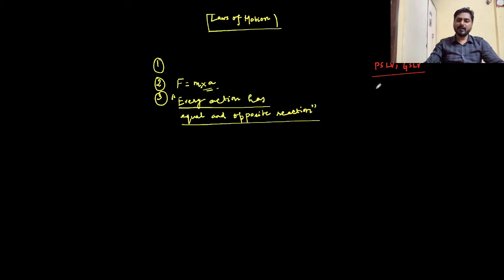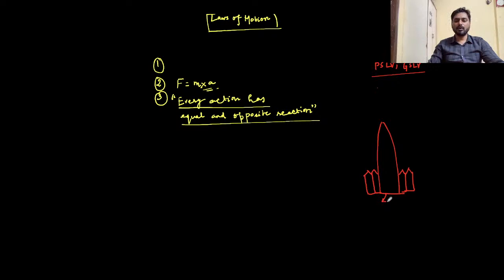Okay, so if I take a basic design of, let us say, your PSLV, its design is something like this, and it has some booster rockets also. So this is the basic design of your PSLV. What is happening is that it produces a lot of gases.